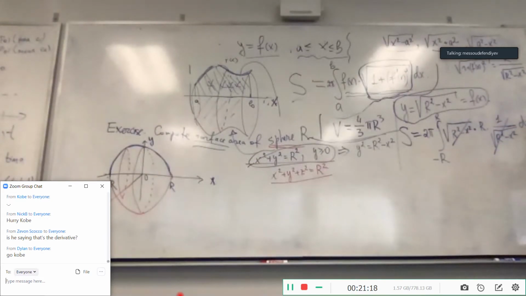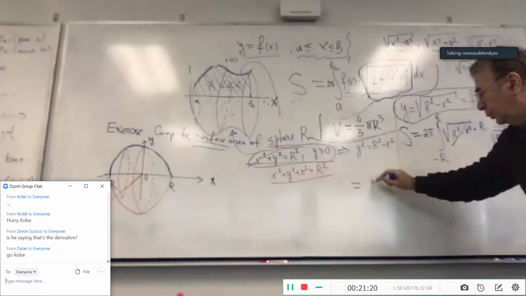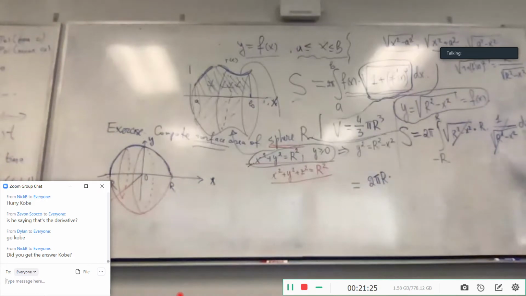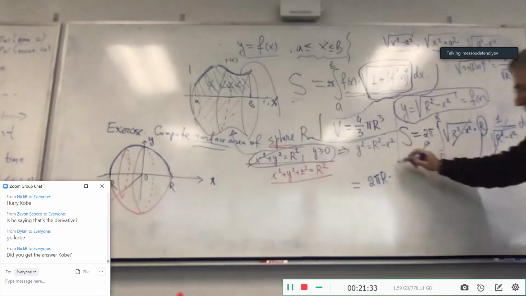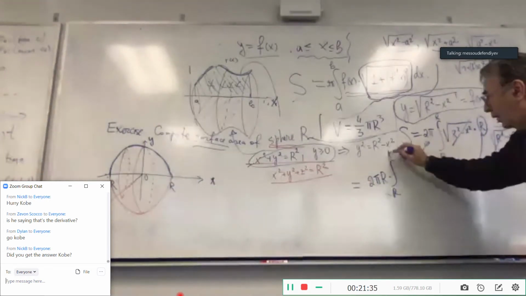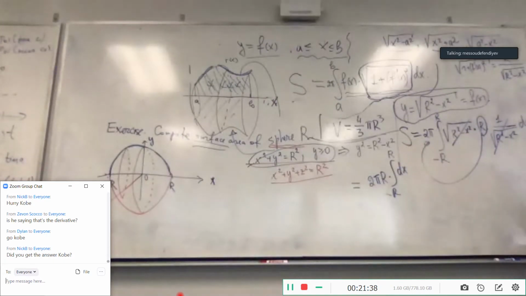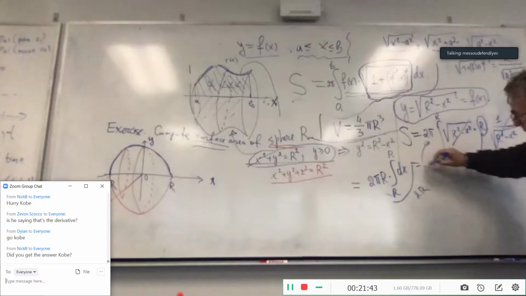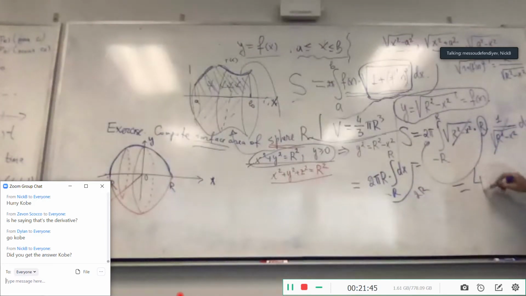So this is equal to 2 pi r times the integral, because I am taking this r outside of the integral, r is a constant, of dx from minus r to r. So we know that this will equal 2r, and we finally obtain 4 pi r squared. So this is the surface area.